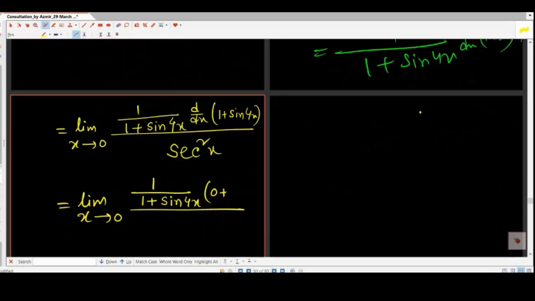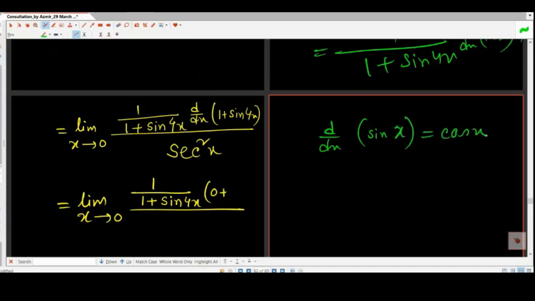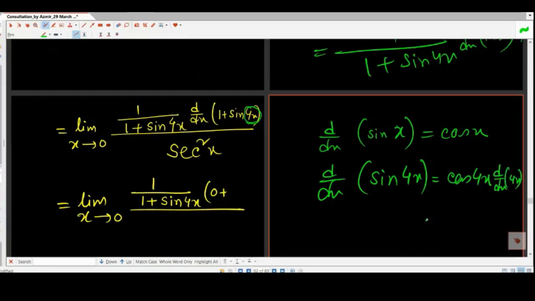Again, we have to apply the chain rule here because we know d/dx of sine x is cosine x. But now we have sine 4x. So just consider that instead of 4x, we have x. So d/dx of sine 4x will be cosine 4x, and we have to differentiate 4x again.